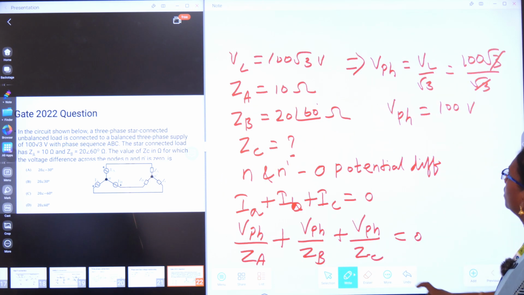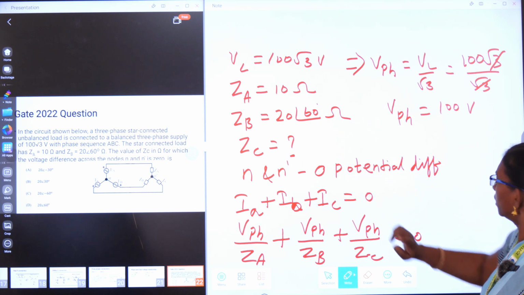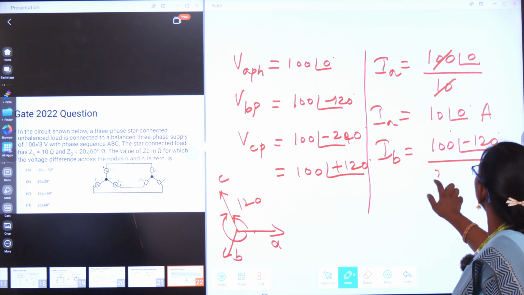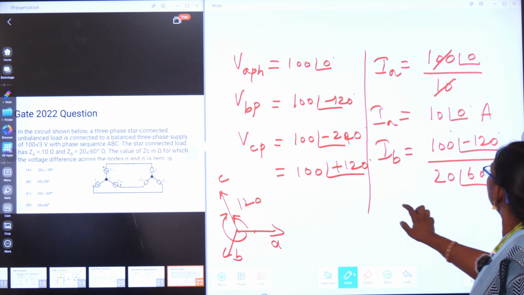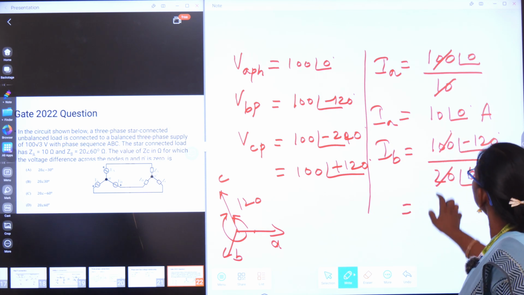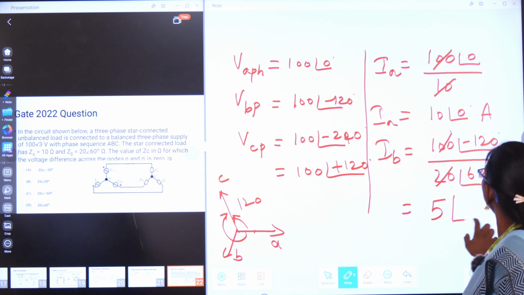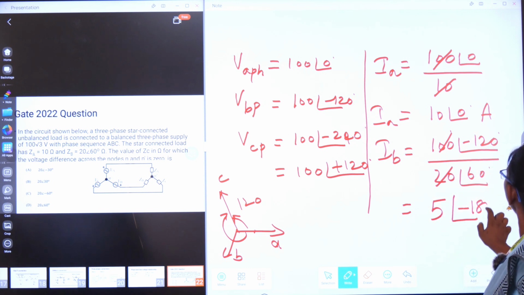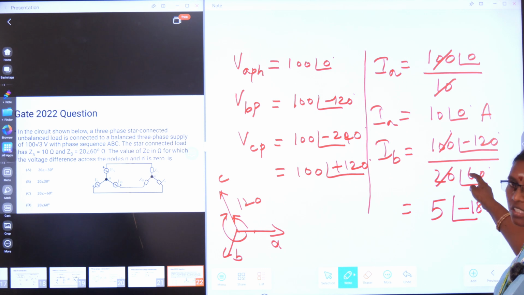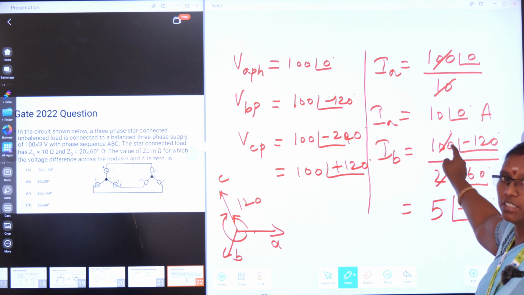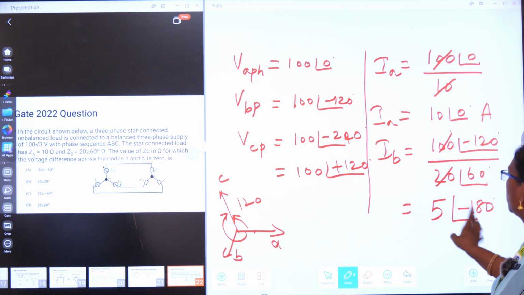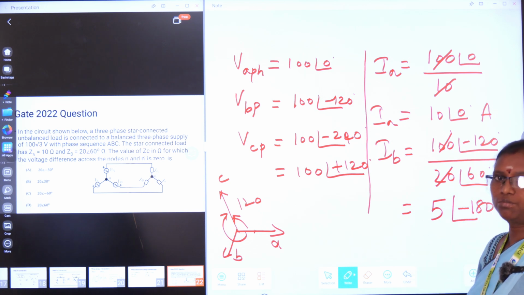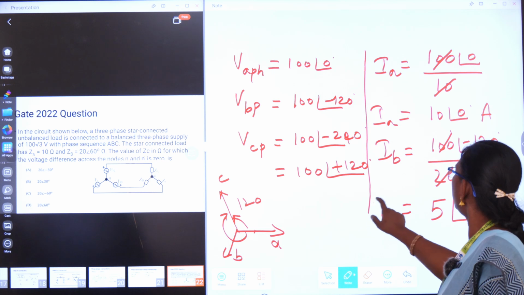ZB is 20 angle 60 degree. So this is 5 angle minus 180. The 60 goes to the numerator and becomes minus 60, so minus 120 plus minus 60 is 5 angle minus 180 degree. This is IB.